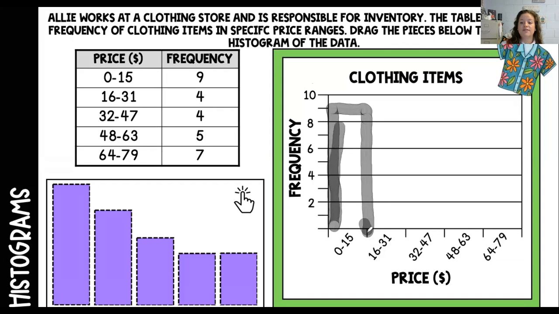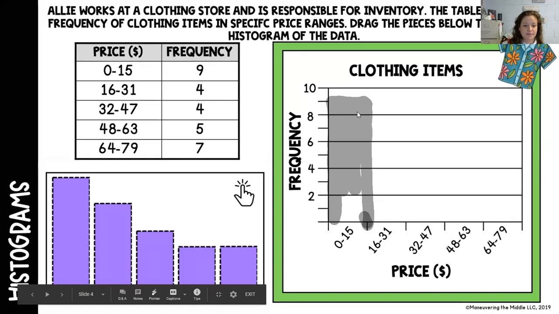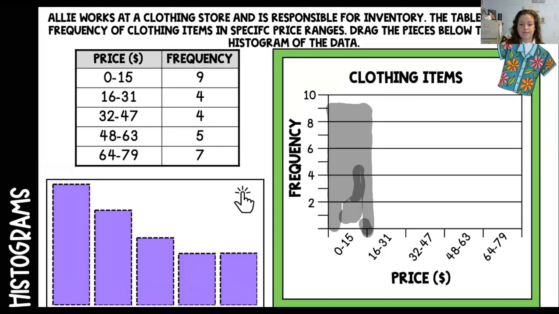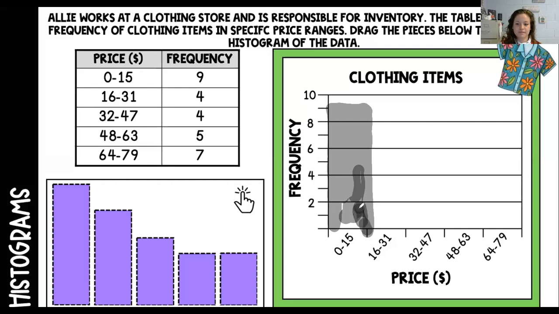Okay, so because a lot of your graphs are going to have skip numbers, you have to know what that represents. And we're going to try to make our bar look as good as possible, but it doesn't have to be perfect. None of us are perfect here.